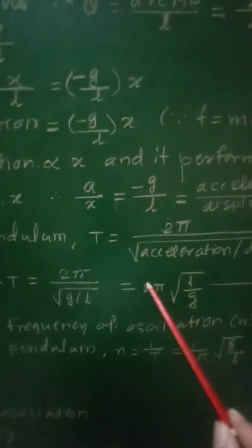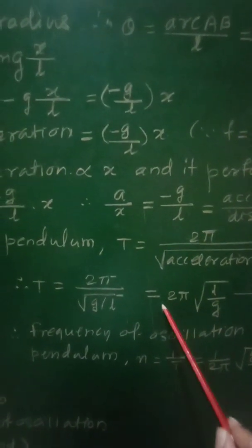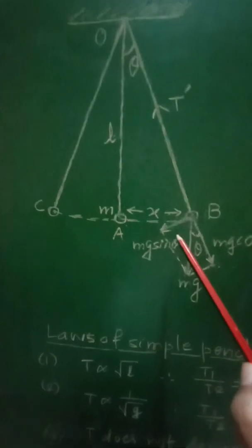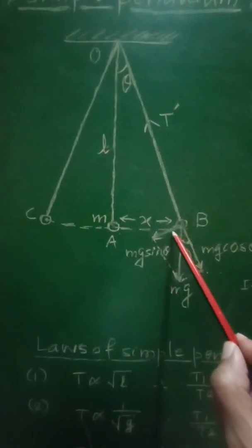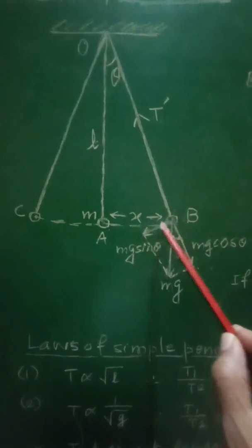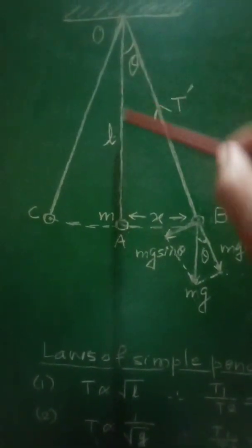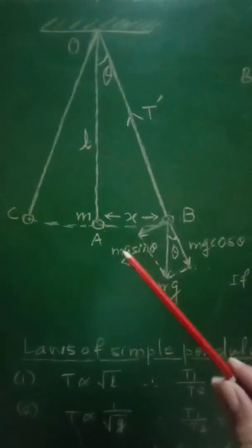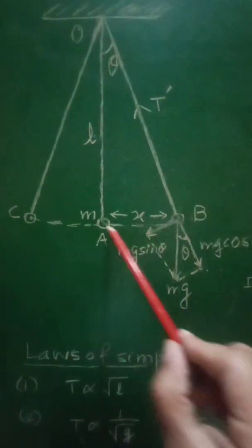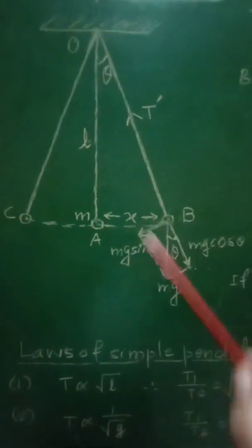Now, this period is obtained by considering that the amplitude of the oscillation of the simple pendulum is very, very small. Similarly, the length of the string L is too large and the simple pendulum oscillates in a single vertical plane only.